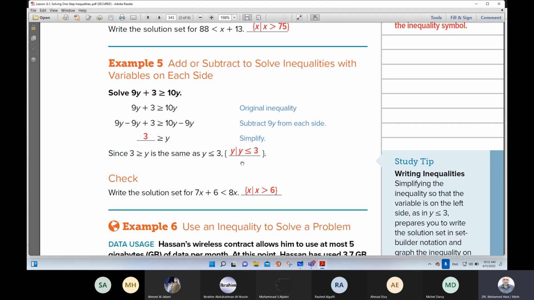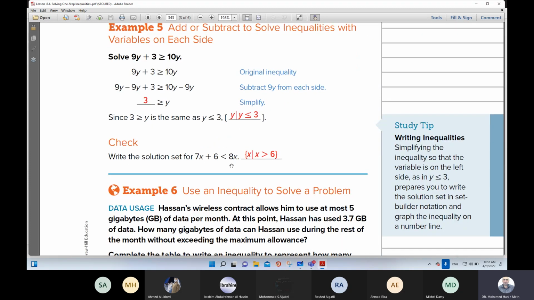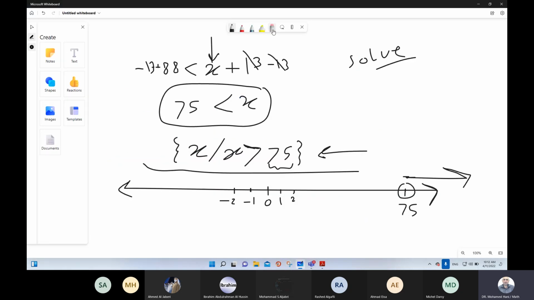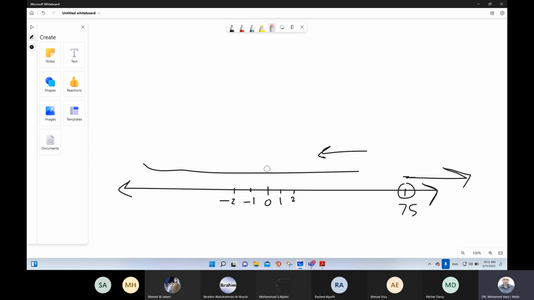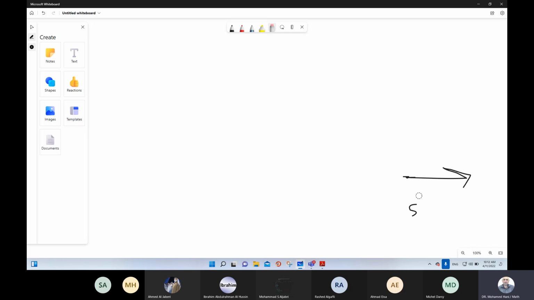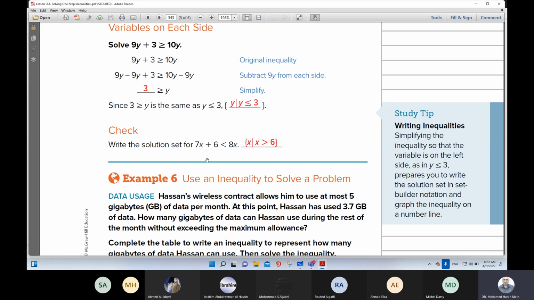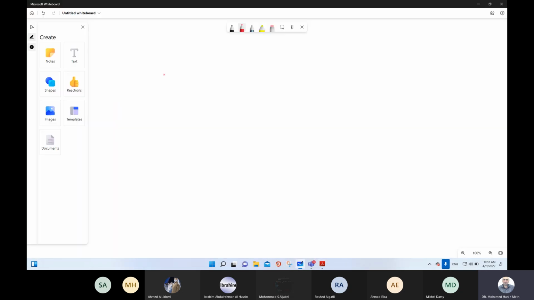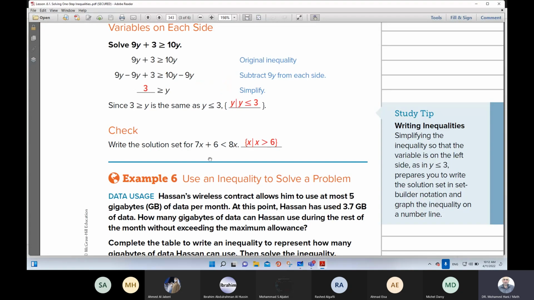Then we can write the set of solution: y such that y less than or equal 3. And in this example, 7x plus 6 less than 8x.